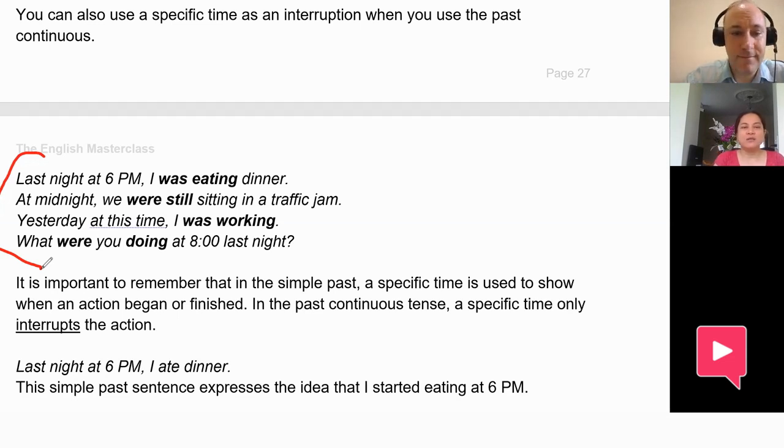At midnight, we were still sitting in a traffic jam. Yesterday at this time, I was working. What were you doing at 8 last night? Good. Last night. Yeah, that's right. So again, you'll notice that the action isn't really being interrupted, but these are just sort of timestamps, and so that's also another use of this past continuous.